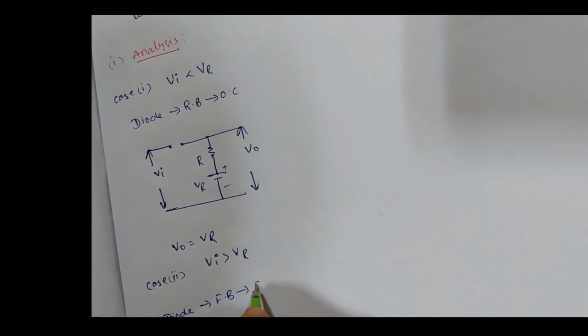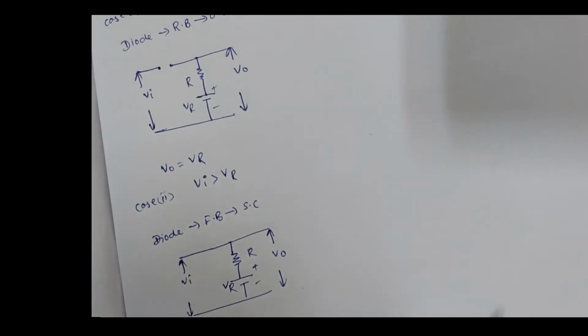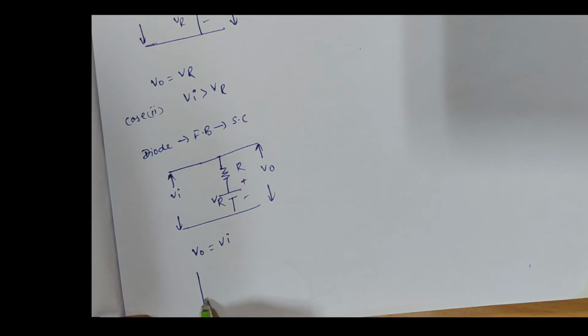Then we can draw the equivalent circuit like this. This is Vi, plus minus R. This is VR. From this we can write V naught equals to Vi, and we can draw the output waveform here.